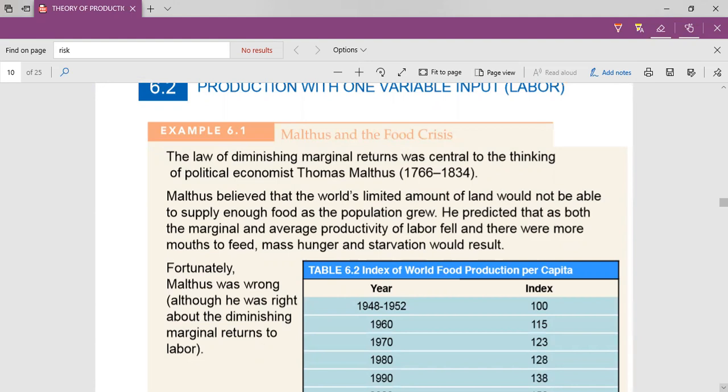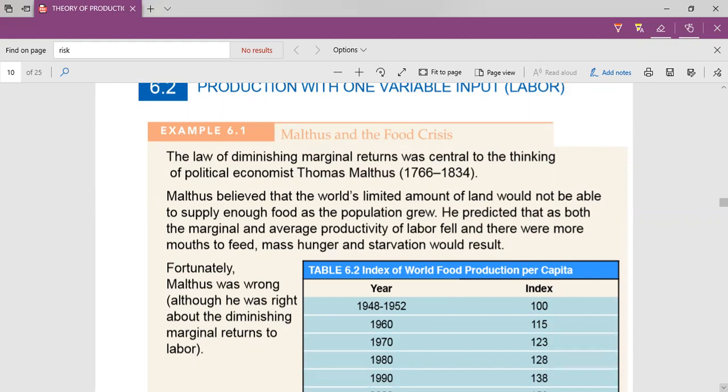He said that population was growing at a geometric rate, and yet resources like food were increasing at an arithmetic rate. In other words, the population was growing at a higher rate than the supply of resources like food.